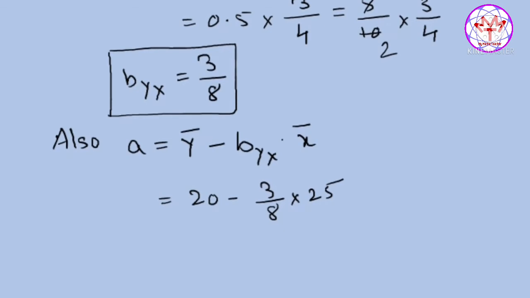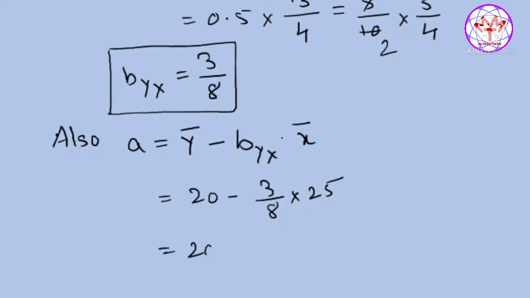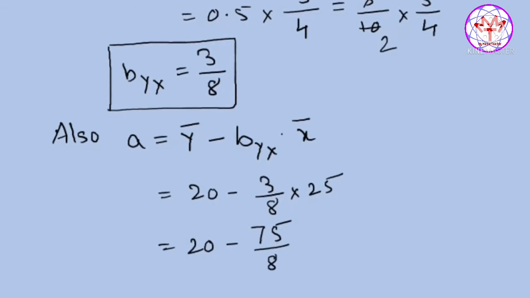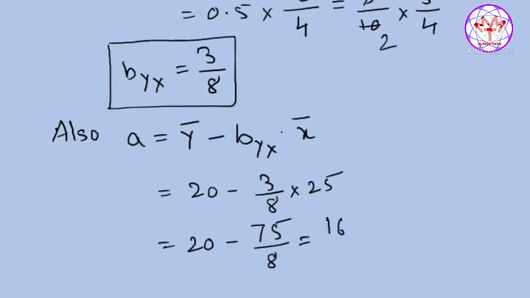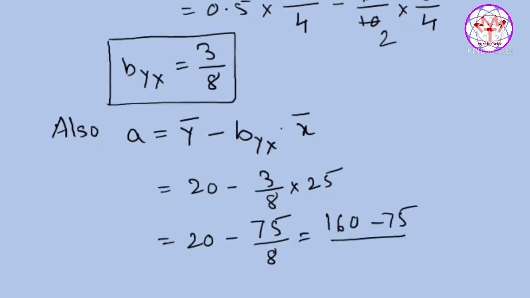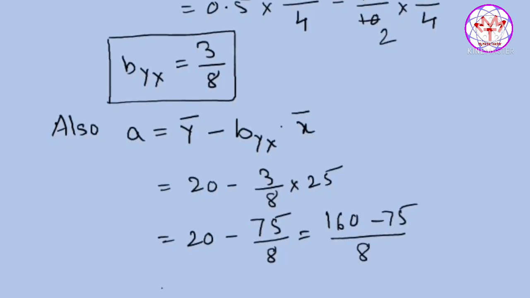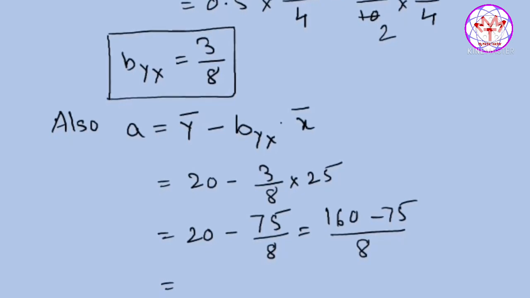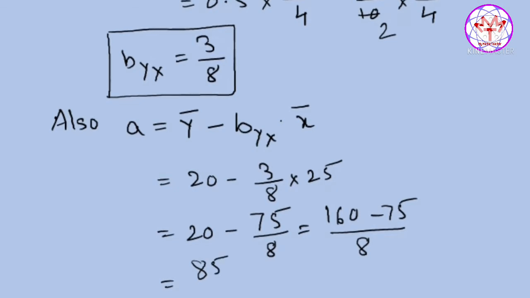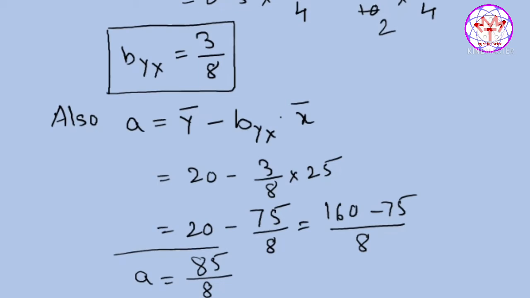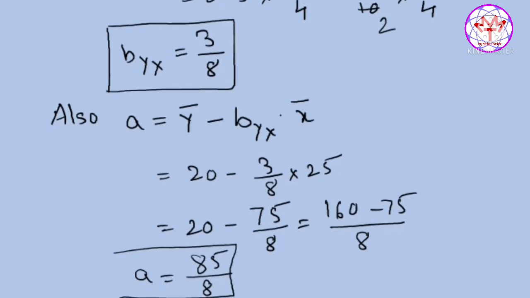So we get 20 minus 75 upon 8, that is 160 minus 75 upon 8, that is equal to 85 upon 8. So a is equal to 85 upon 8.